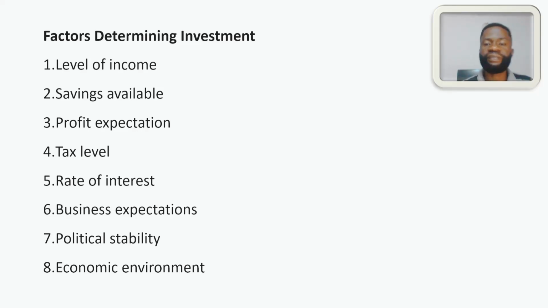Another one is profit expectation. If investors expect high profit, they are encouraged to invest more. Low expectation discourages investment. So a firm that wants to expand, they are expecting that the demand of a particular product is going to be very high. Such a firm wants to produce more of such product.